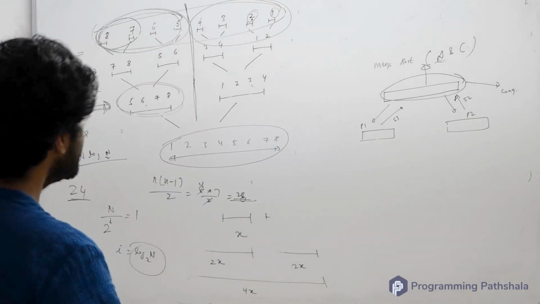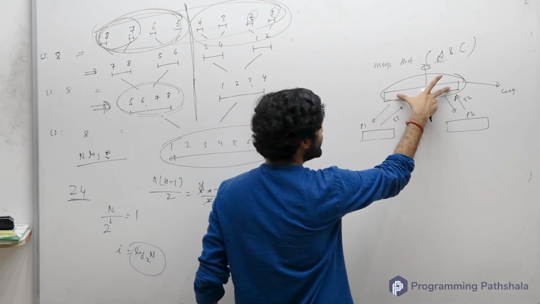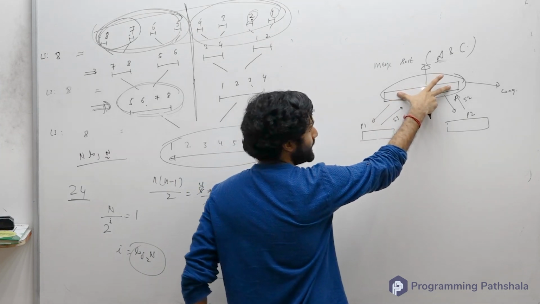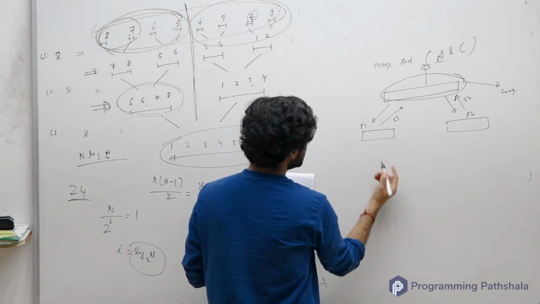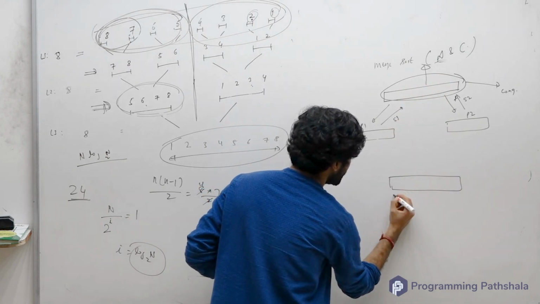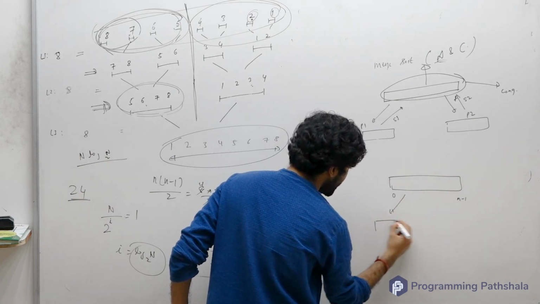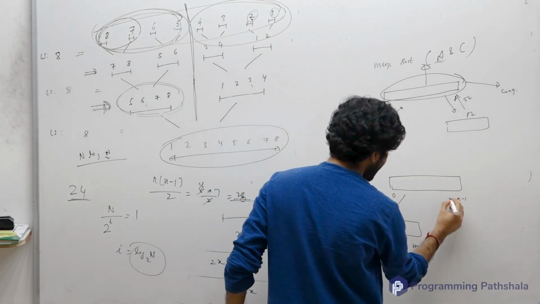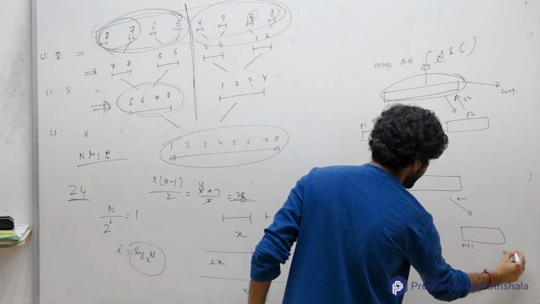Let us try to understand. Think of it this way: there is an input array that you want to sort. Say the array is from 0 to n minus 1. First you sort half of it, from 0 to m, and then the other half, from m plus 1 to n minus 1.